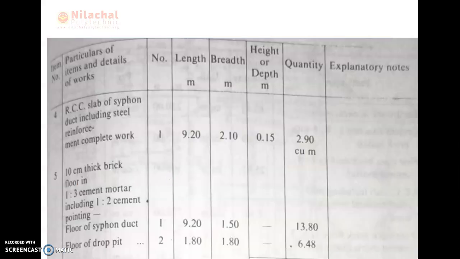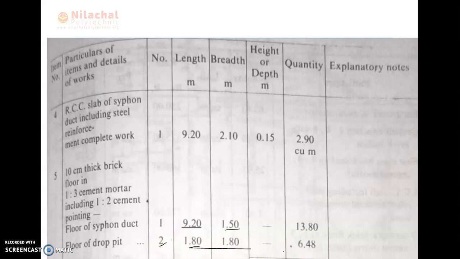So here the siphon duct length is 9.20, breadth is 1.50. In the case of the drop pit, 2 numbers, length is 1.80 and breadth is also 1.80, because the drop pit size is 1.80 into 1.80. For the siphon duct, the quantity is number into length into breadth, equal to 13.80, and for the drop pit, 2 into length into breadth, equal to 6.48.